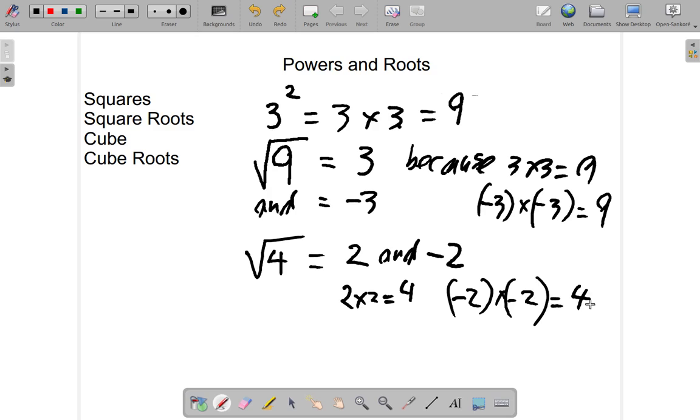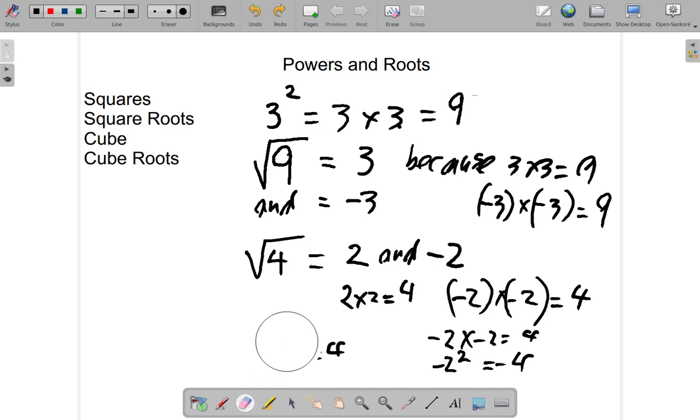Now, when you're going to multiply negative numbers, if you're going to use a calculator, you have to be careful. If you type negative 2 times negative 2, you will get a 4. But at the same time, you know that this is saying that negative 2 squared is equal to 4. On many of the calculators, if you put in negative 2 squared just like this, you'll get a negative 4. Alright, wrong answer.